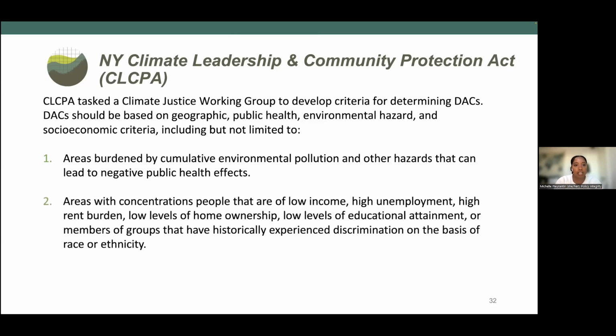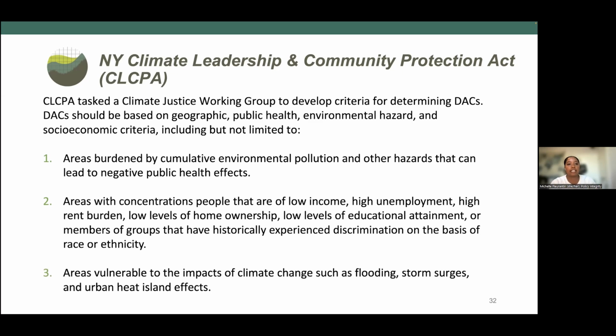The second being areas with concentrations of people that are of low income, high unemployment, high rent burden, low levels of home ownership, low levels of educational attainment, or members of a group that have historically been discriminated against on the basis of race or ethnicity.